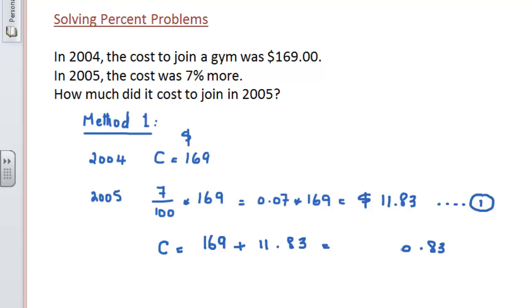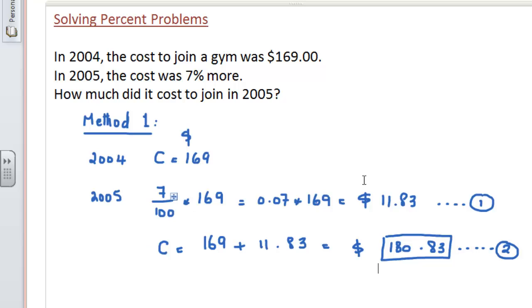I have 1, 7 and 1, 8, then $180 and 83 cents. As you can see, this is step number 2 to find the final answer, which is $180.83. What about method 2?